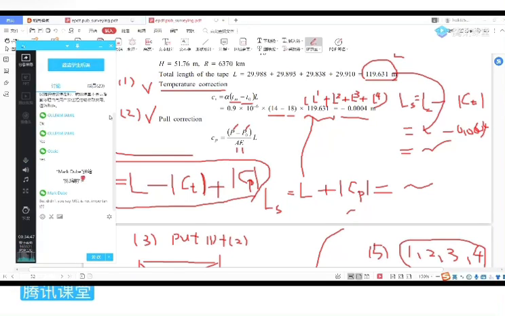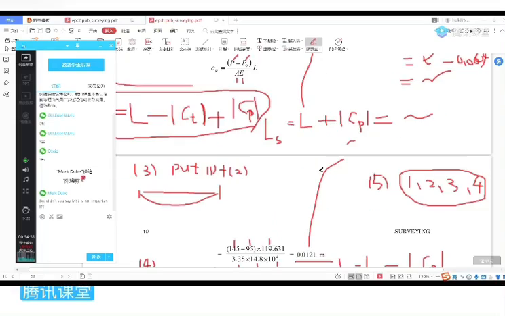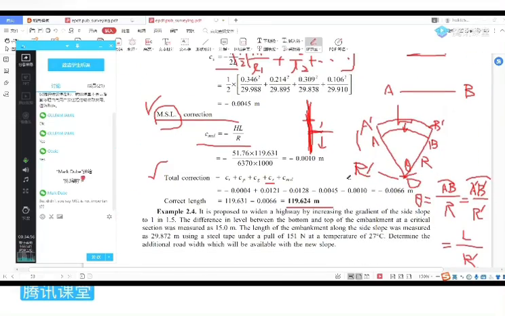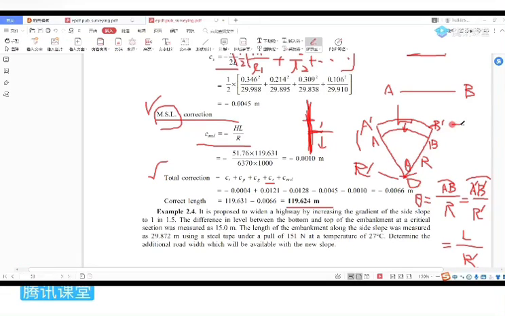Otherwise, say MSL is a major something. That's the reason I call it important.